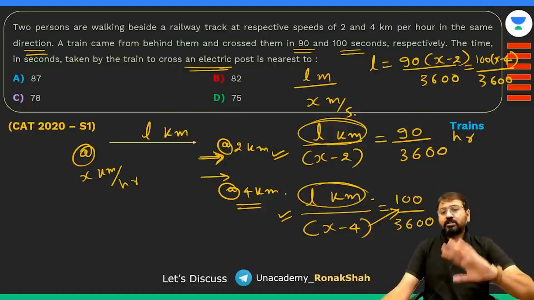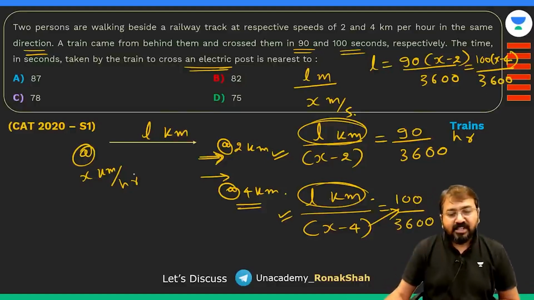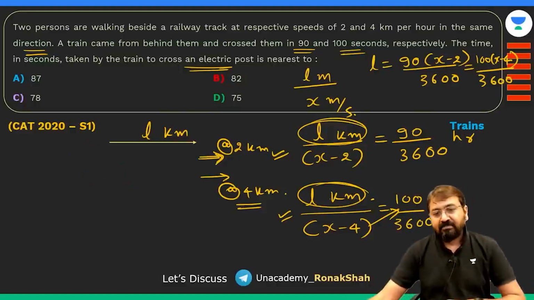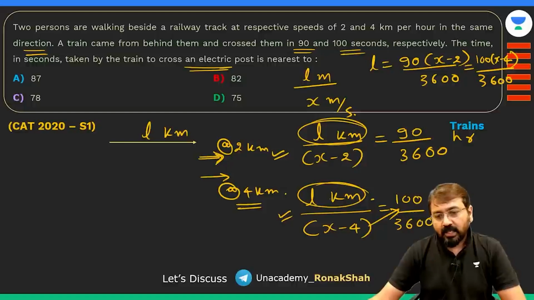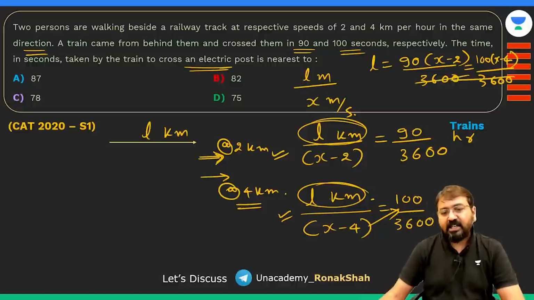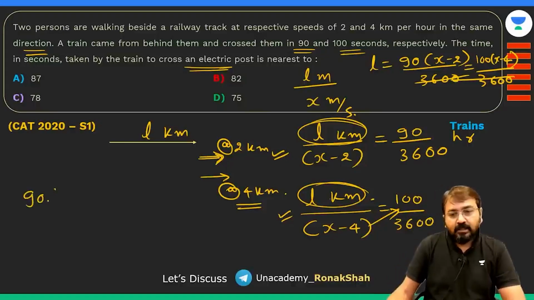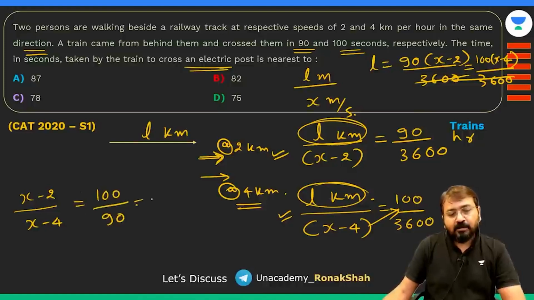Just pay your attention to this calculation because we'll make it very simple at the end of the day. Now this 3600 will definitely get cancelled off, so let me just write it this way: x minus 2 upon x minus 4 is equal to 100 upon 90. Can I say 100 upon 90 is nothing but 20 by 18, right?